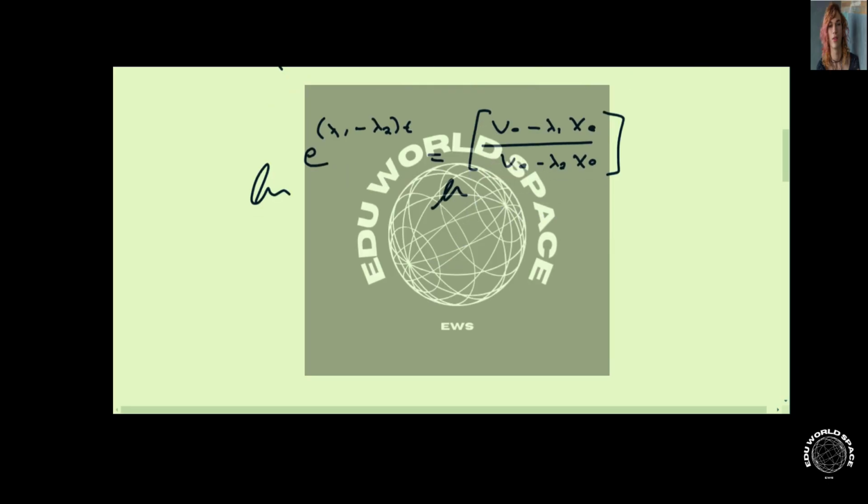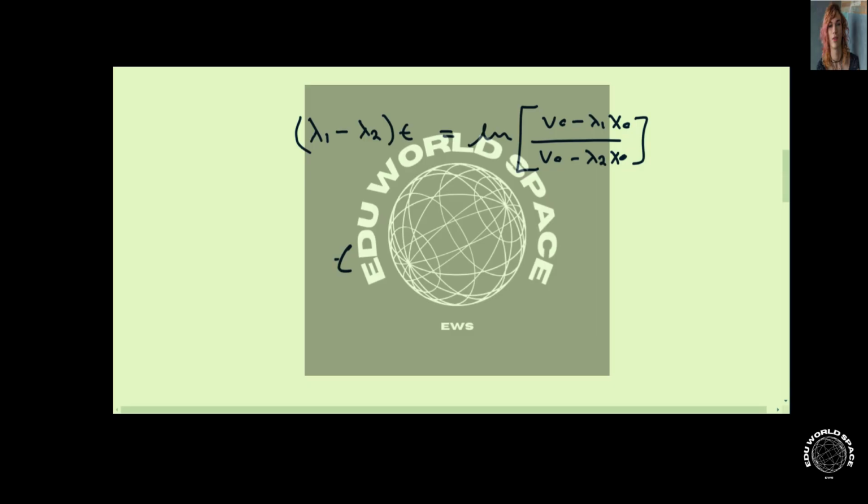When we do that, we have (lambda 1 minus lambda 2) times t equals ln of that ratio. We solve for t, and we end up with t equals 1 over (lambda 1 minus lambda 2) times ln of (v naught minus lambda 1 x naught) divided by (v naught minus lambda 2 x naught).